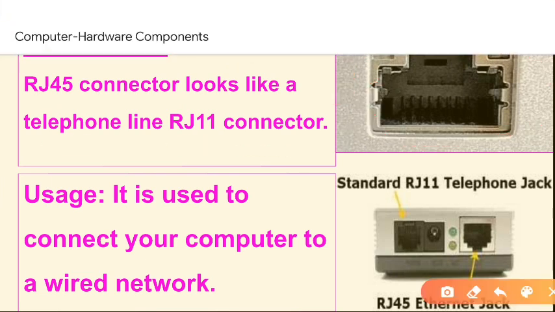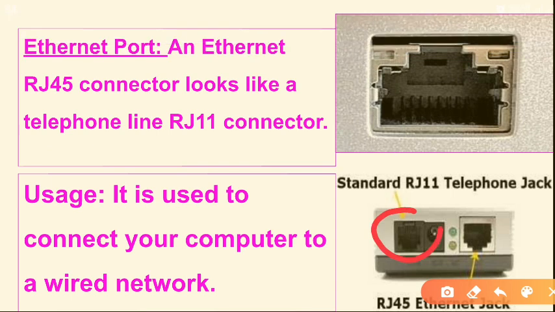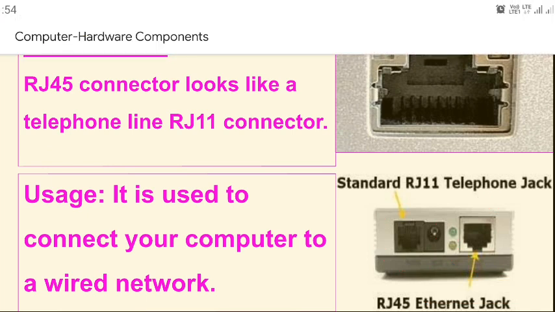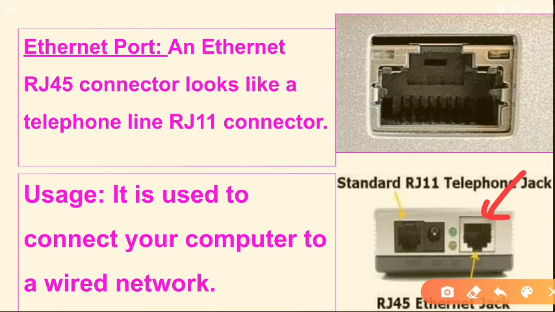Now see students, this is the telephone's RJ11 connector, which is small in size, and this is the RJ45 connector. The difference between RJ45 and RJ11 is that the internet cable goes into the RJ45 connector and your telephone cable goes into the RJ11 connector.